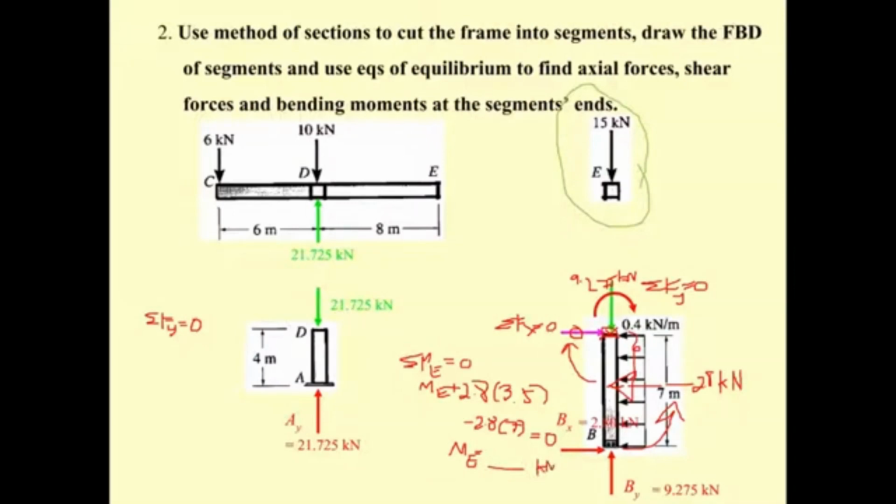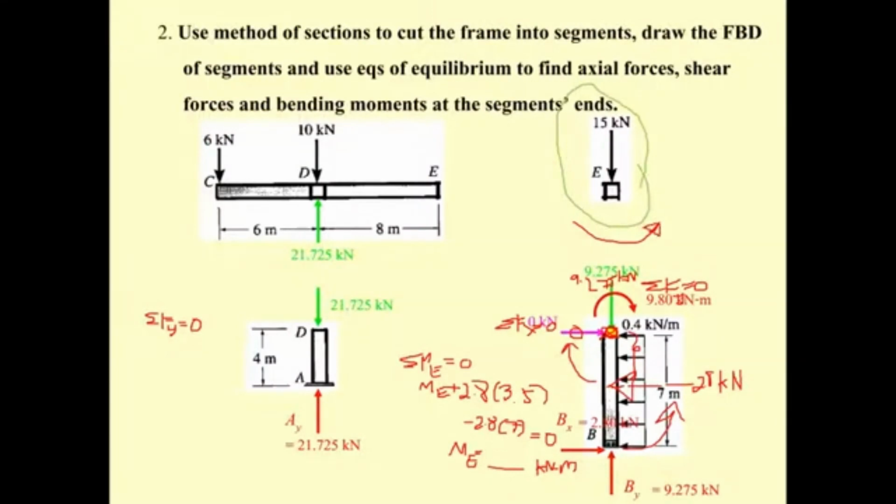You may stop the video and try to do so. What do you get? Okay, you may have 0 kilonewton, this is 9.275. And what is M sub E you get? This is going to be 9.8. Okay, if this is 9.8, it's going to be 9.8 here.